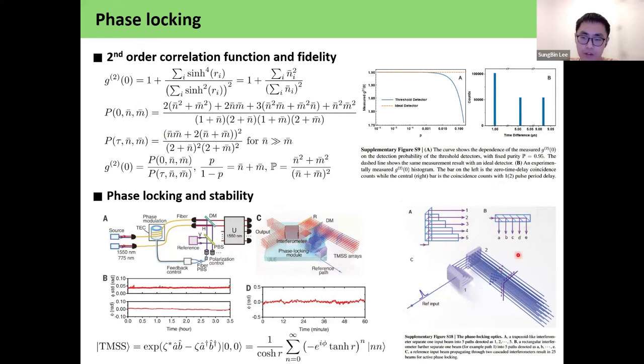I'm not sure what to call them, but basically they split this single TMSS state into 25 different ones by using, I guess, optical path differences. And in the process, they carefully design these two interferometers such that the phase between all 25 different TMSSs is stabilized.